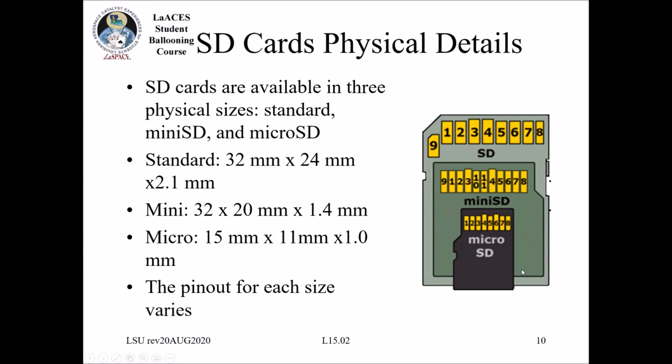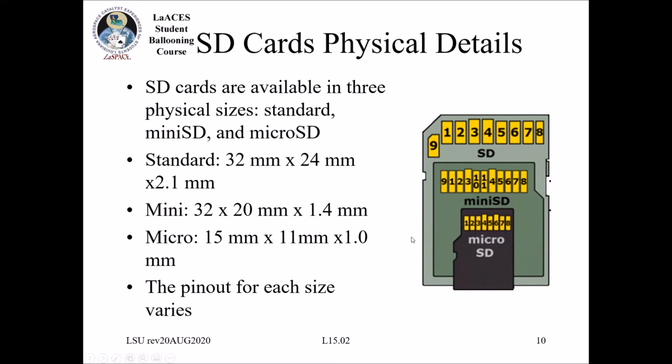And the very small size is called a micro SD. If you look on one side of these, you will have a number of different pins. These are the contacts, either in your computer or on your device, that is how you're electronically contacting with it.